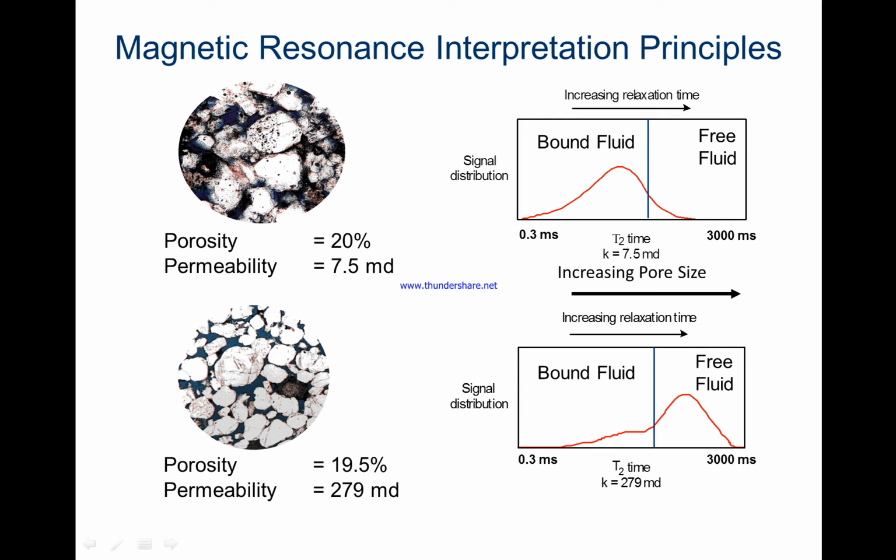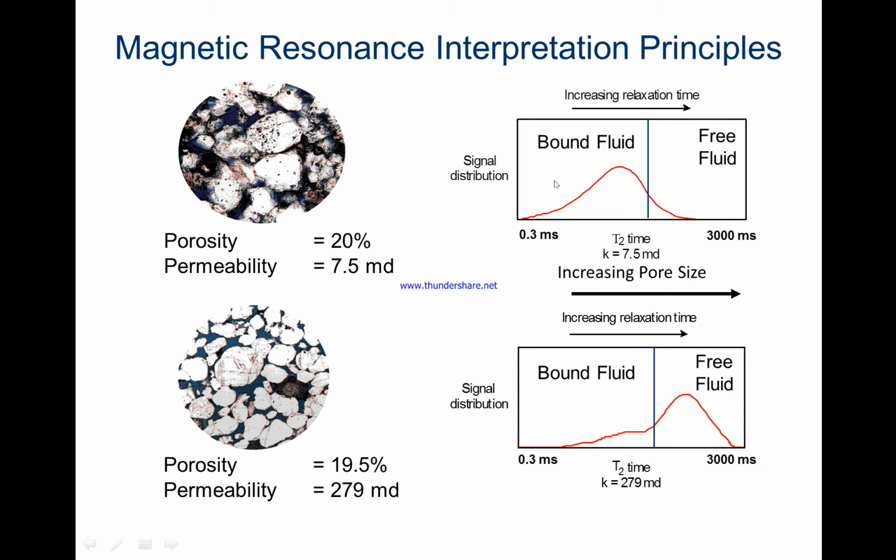Here are two types of rock. One has 20 PU porosity and 7.5 millidarcy permeability. The second one has 19 porosity, which is very close to 20, but very high permeability. You can see the big spaces between the grain sides here. The distribution shape will be different between the first rock and the second rock.